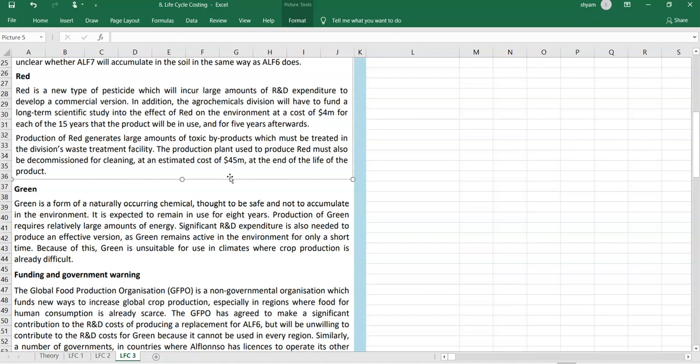So let's go to the third one. So this product will be only in production for 8 years.